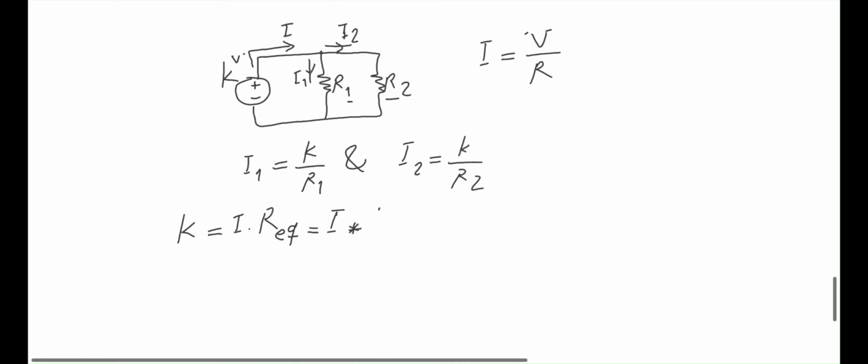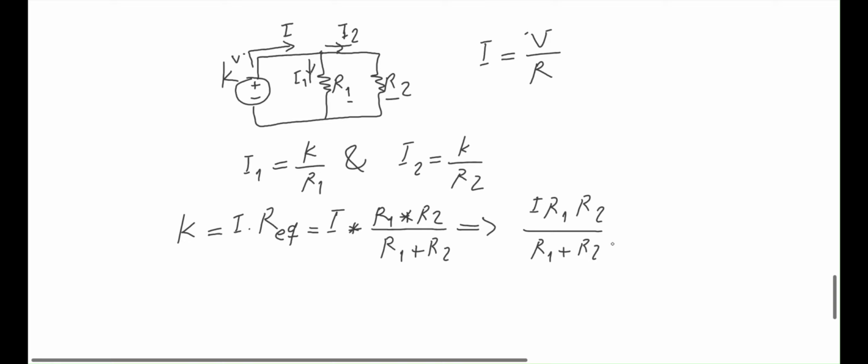As we said before, the equivalent resistance of two is R1 times R2 divided by R1 plus R2. Okay, let's just try to make it a little more simple. That's I times R1 R2 divided by R1 plus R2 equals K.